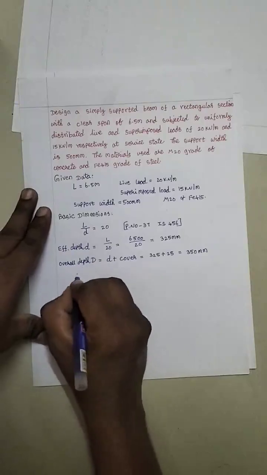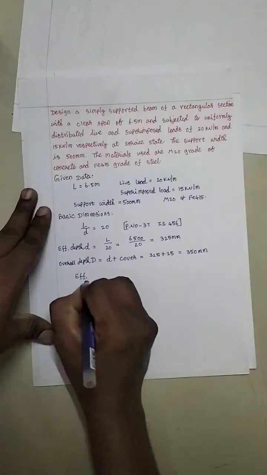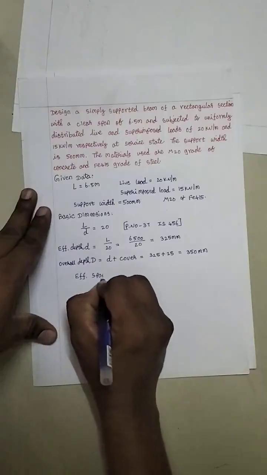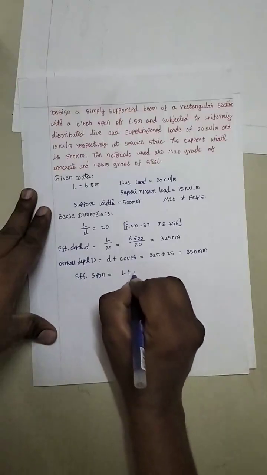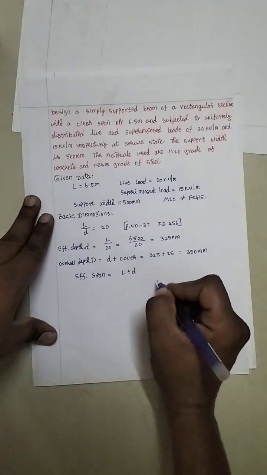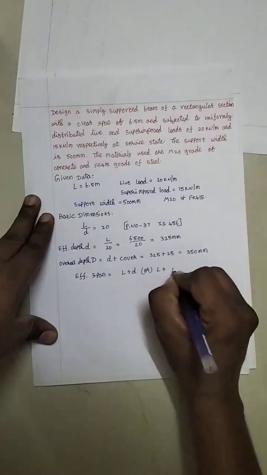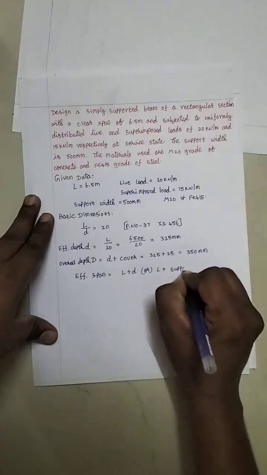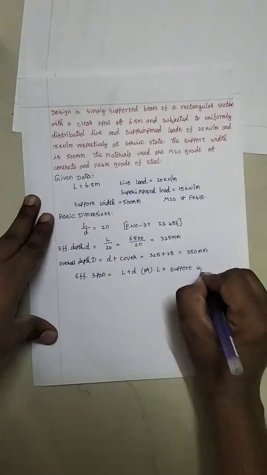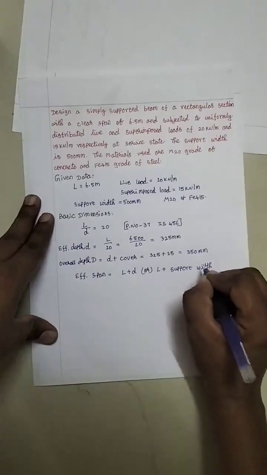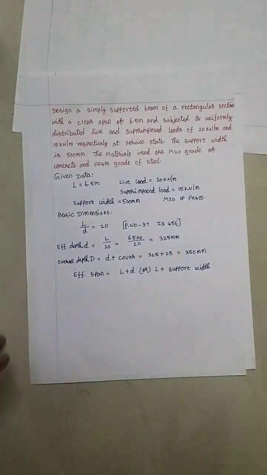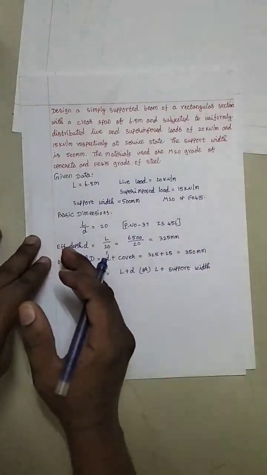So the next step is I need to calculate the effective span. For the effective span I can take L plus D, that is clear span plus effective depth, or L plus support width. In the code book it is given as the center to center distance between the supports, that is span plus half of the support on the right side and half of the support on the left side.